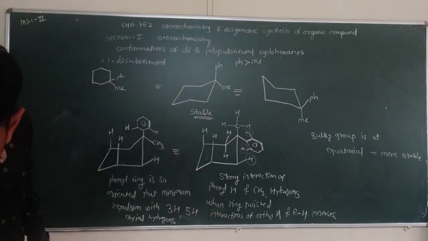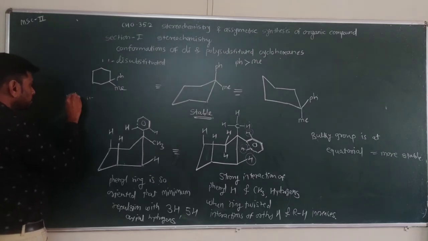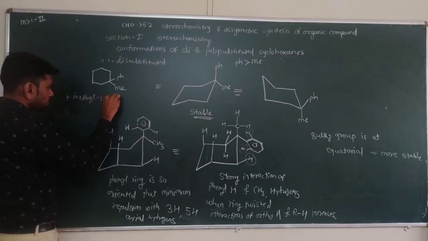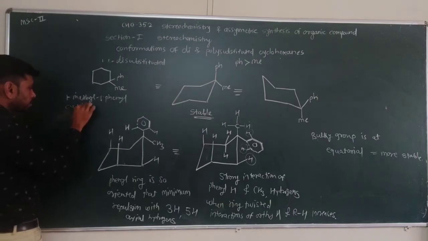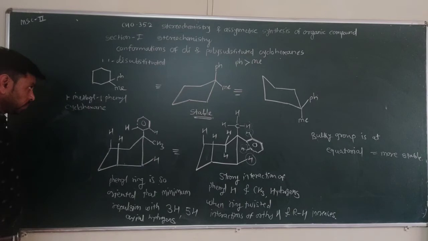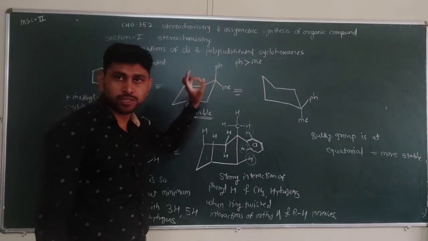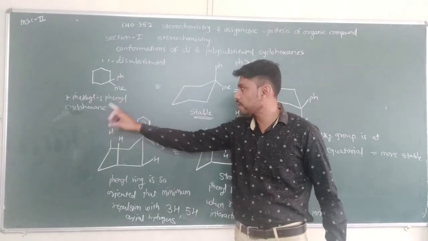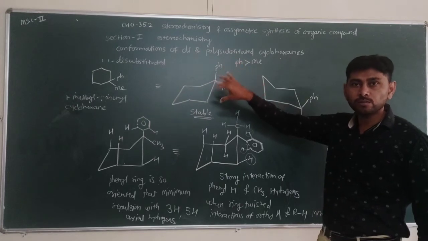So due to these reasons, in the structure of 1-methyl, 1-phenyl cyclohexane, the chair conformation with the phenyl group at the axial position is more stable.